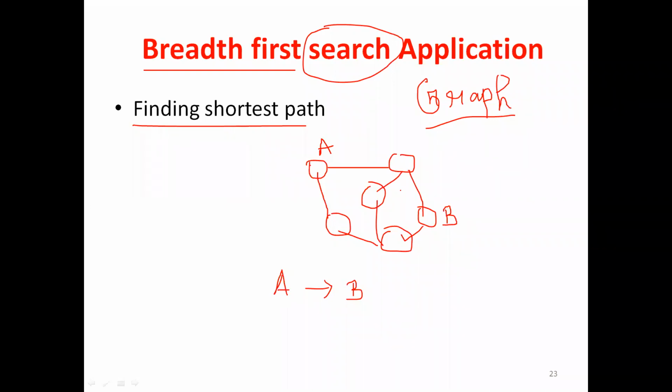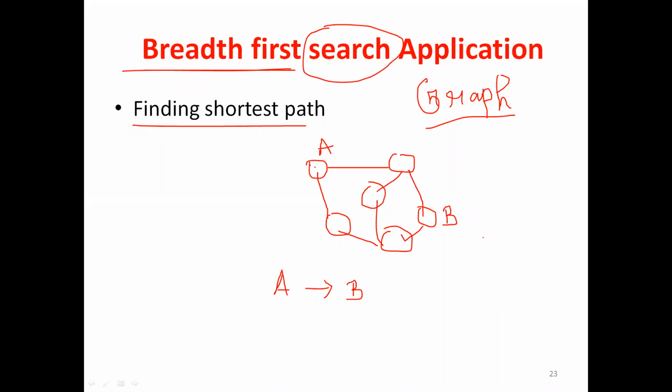If I want to travel from Delhi to Bangalore, what is the shortest path? If I want to find the shortest path, I can use breadth first search. One of the applications I mentioned is finding the shortest path.